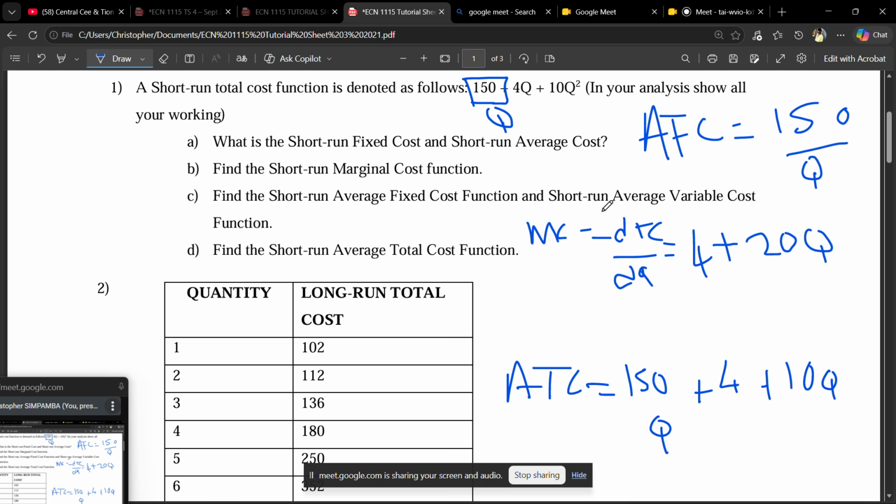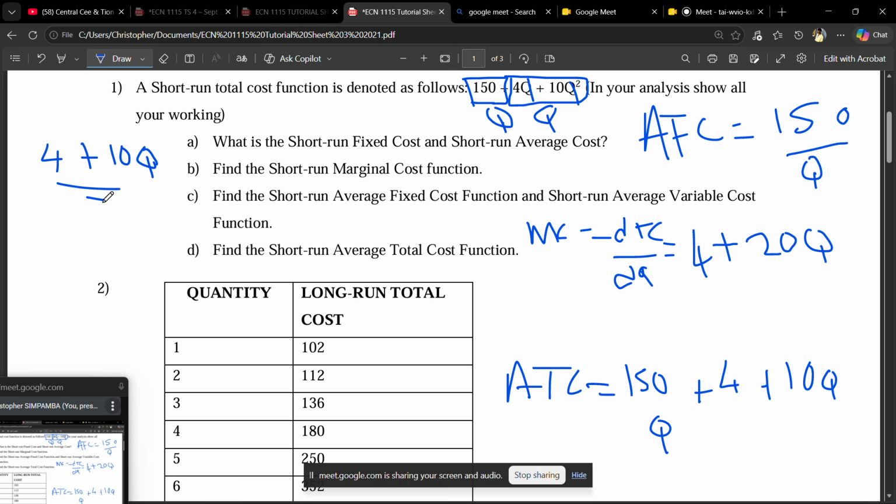Then we find the average variable cost function. Our variable cost is this one with q, so we again put q down there. The q that is at 4 will cancel, and the q that is at 10 will cancel, which will imply that we remain with 4 plus 10q.